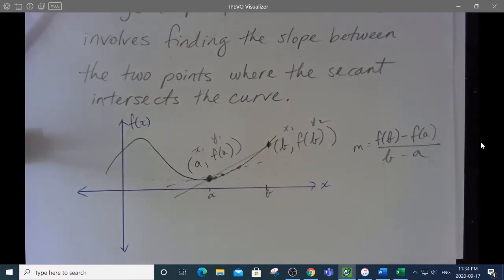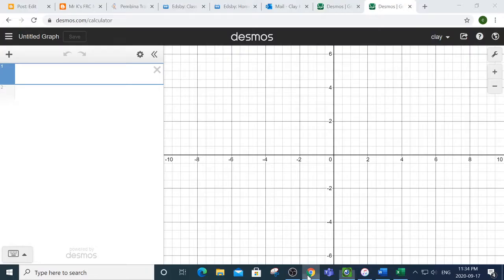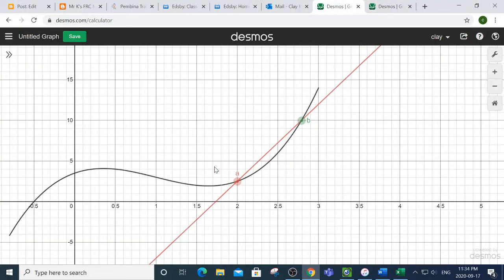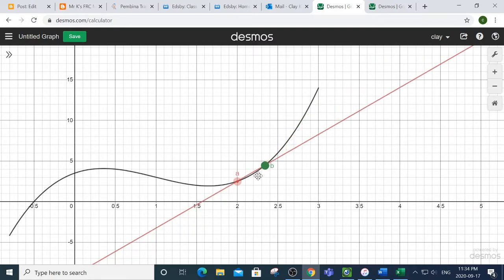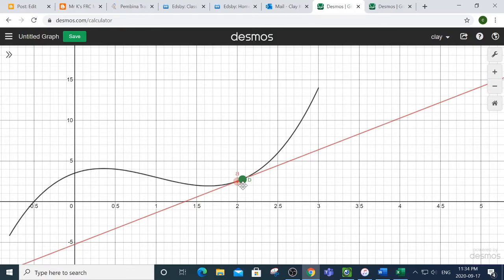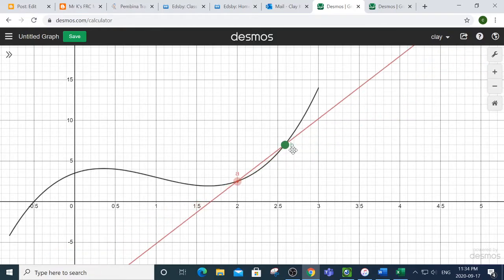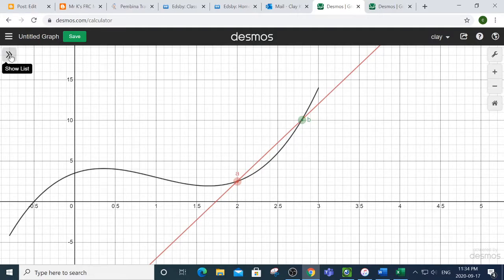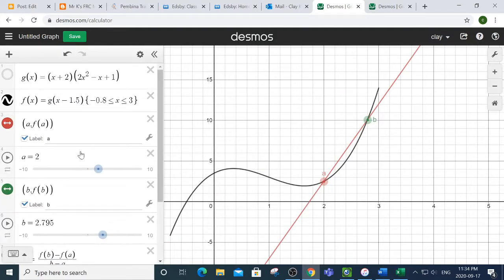And then I actually decided to make myself a Desmos graph for it. Oops, not that one. This one. So that's roughly what we were just looking at. And as you can see, I can take B and I can get it closer and closer and closer to A. And if you want to see, I actually have it worked out so that you can see the slope. Don't worry about all the other equations here.